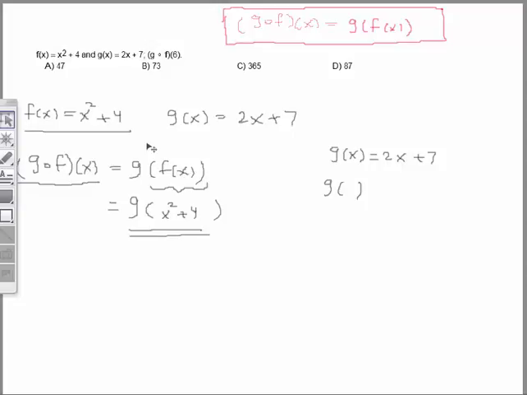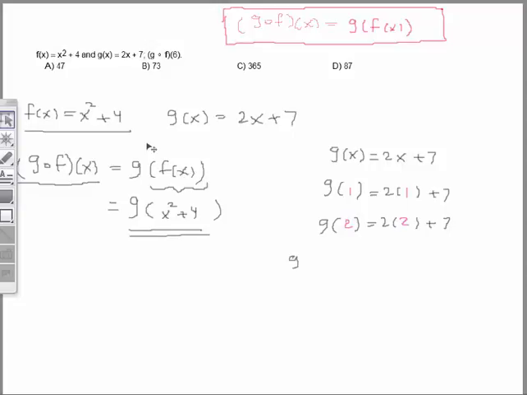I should know what g of 1 is, or g of 2 is, or g of 3 is, and so on. All I have to do is substitute for each x the value 1 or 2 in this case. So now I understand what that means.